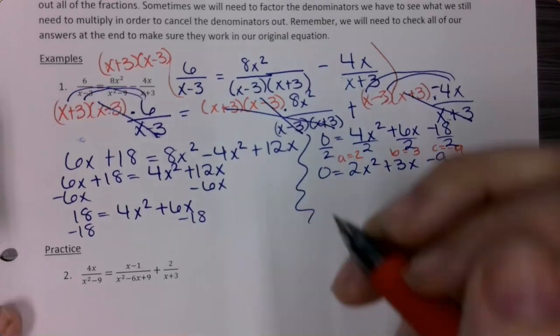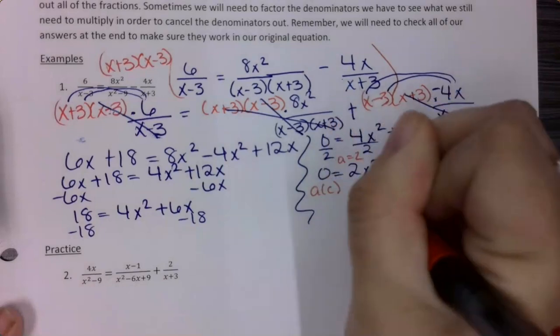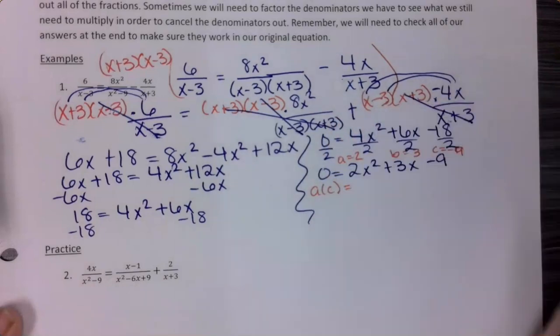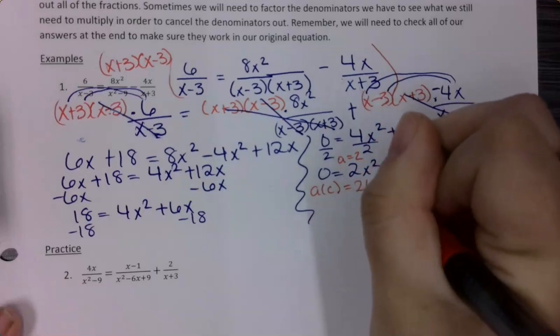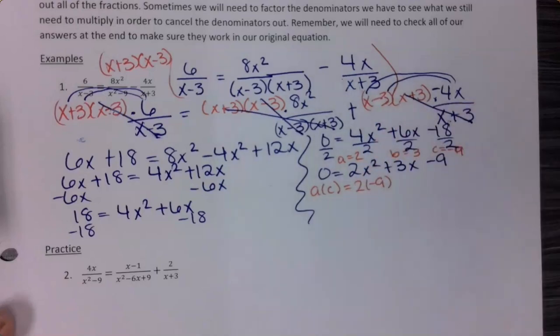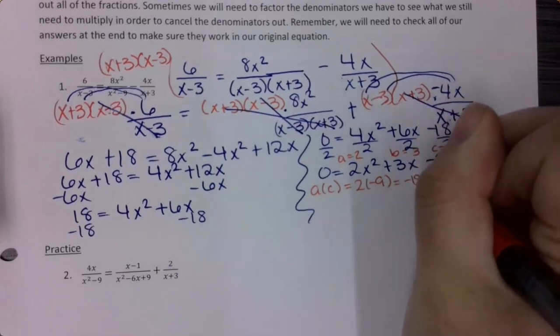So then I'm going to have A times C, which will be 2 times negative 9, which gets me negative 18.